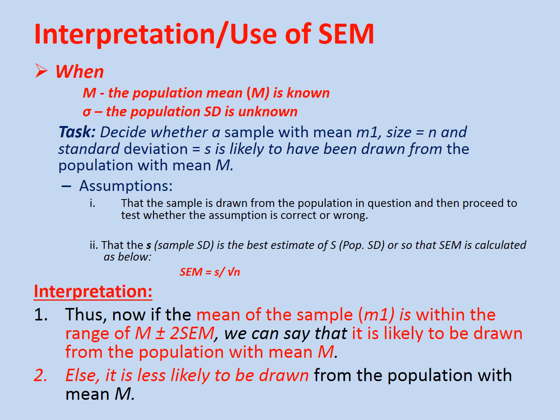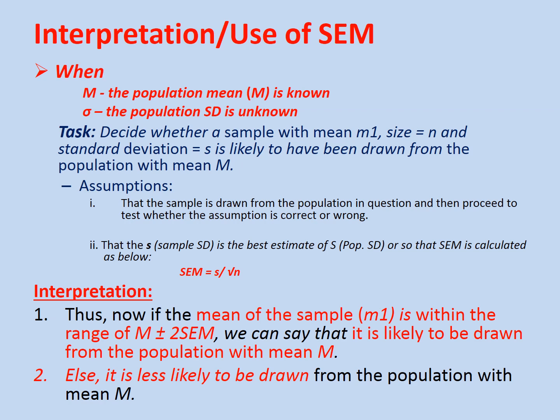Now after calculating this standard error of mean, we take the population mean that we already know, capital M in this hypothetical situation, plus or minus 2 into the standard error of mean that we calculated with the help of the sample standard deviation and the under root n.